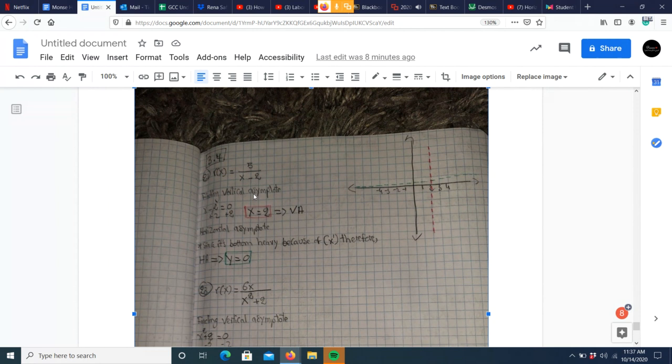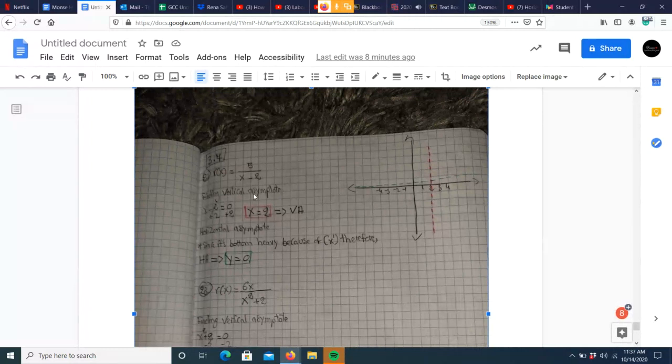Now think about x goes to infinity. If x goes to infinity, what's 5 divided by infinity? Think of 5 apples shared by the whole world population. How much apple can each person get?